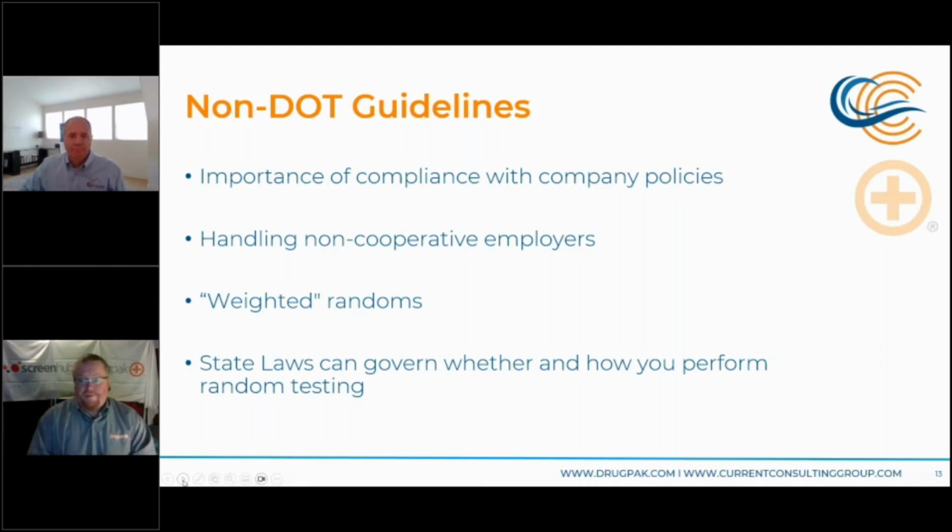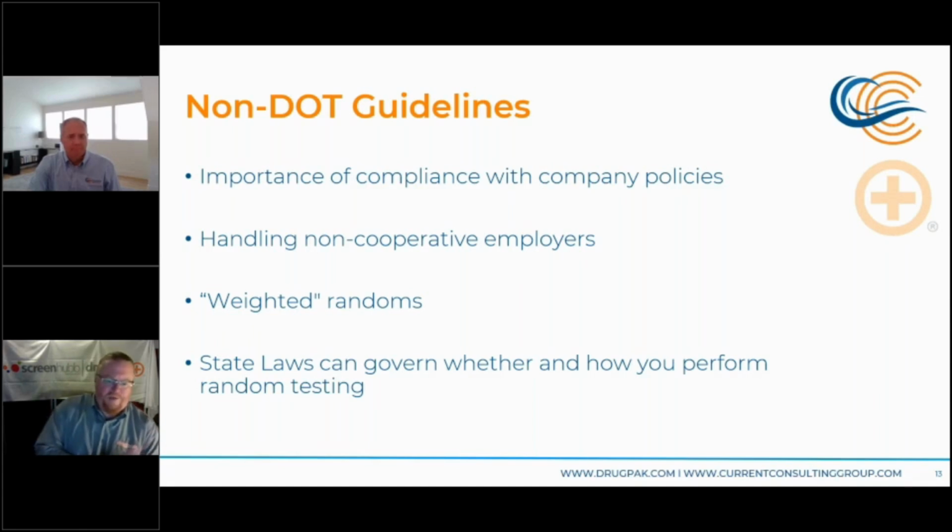So weighted randoms is something that can happen in unregulated testing, and this concept is very popular, and I think a lot of DOT employers wish they could have it. The concept is it can tip either of two ways. One way is I want to have a random program, but I don't want the same person to be selected too frequently.